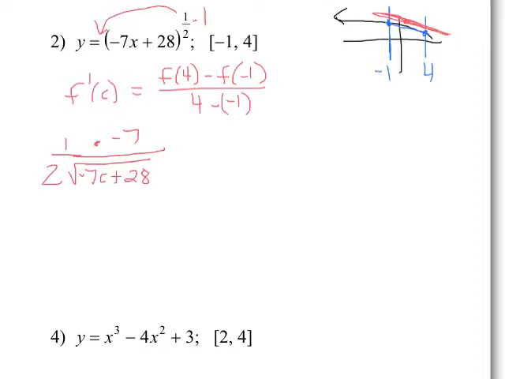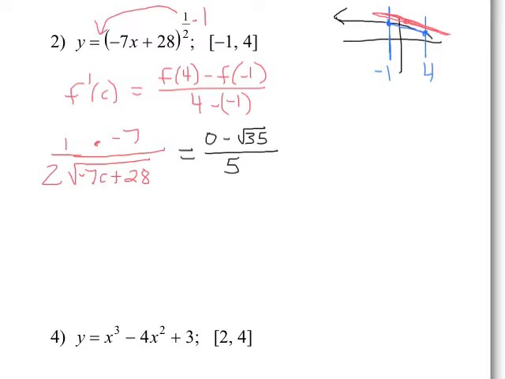The -7 came from applying the chain rule. And this is all equal to the slope of our secant line. If we plug 4 in, we're going to get 0. If we plug -1 in, we're going to get the square root of 35 with a minus. Alright, so there's the slope of our secant line.